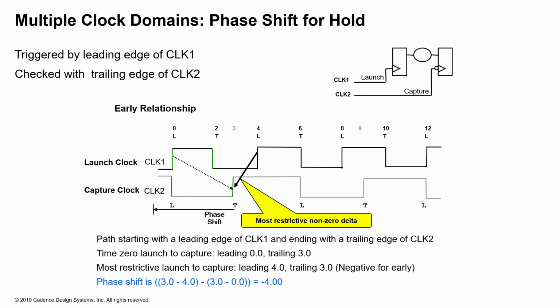Therefore your phase shift is minus 4, and that value is what is plugged into your timing reports for hold.